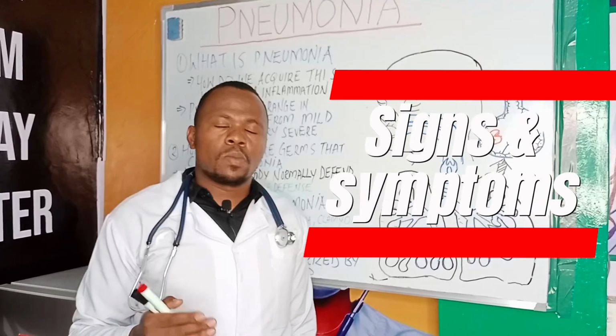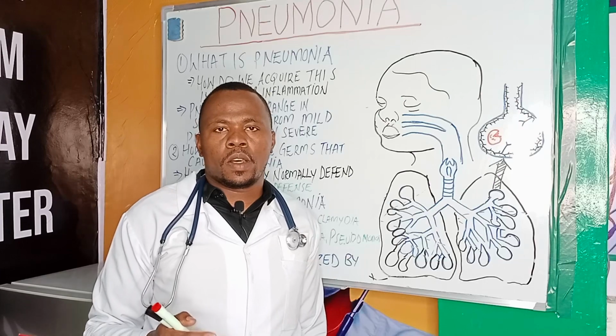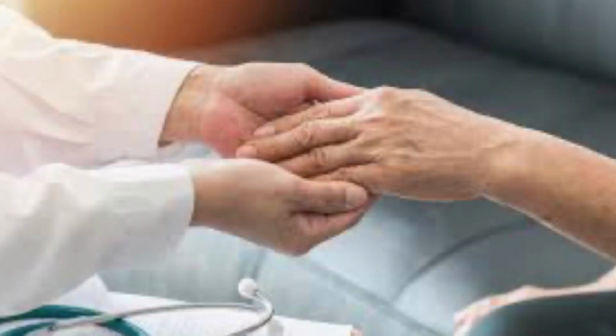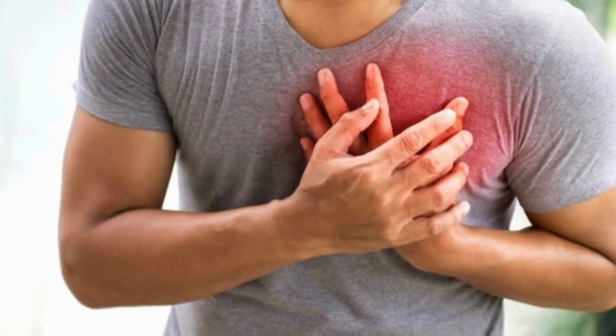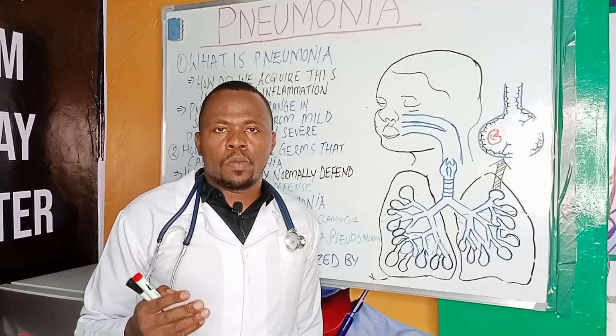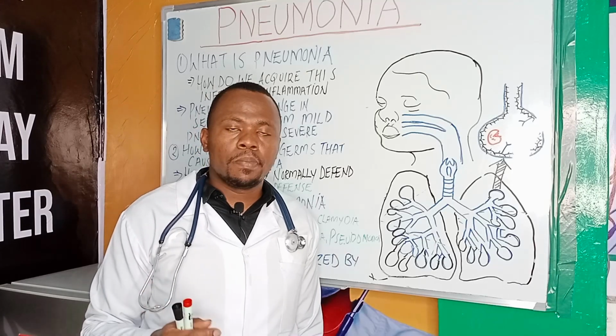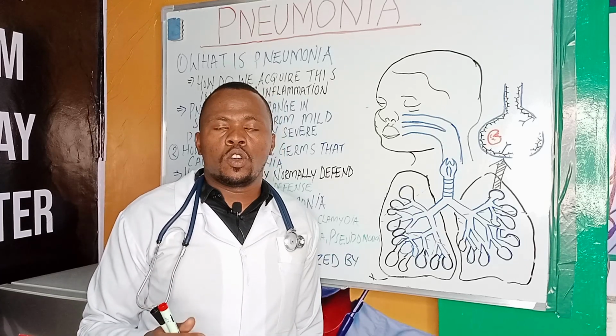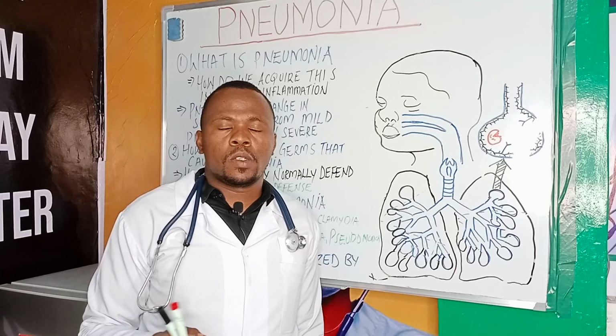Signs and symptoms of pneumonia: we have fever, sweating, shaking or chills, shortness of breath, chest pain, and cough. Cough may be productive, that is, you may cough and produce sputum. In pneumonia, you may produce different colors of sputum.